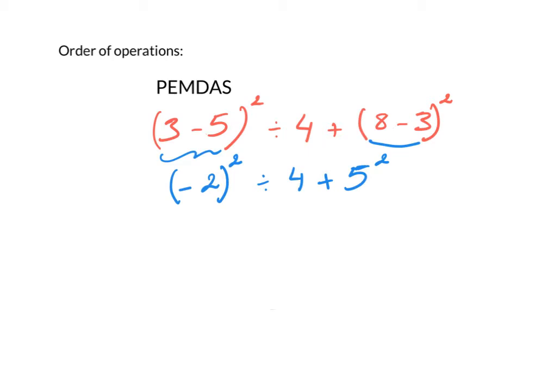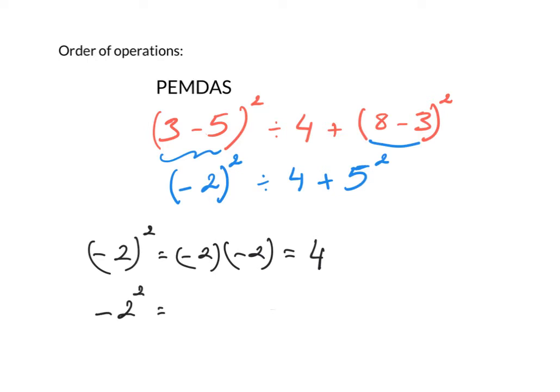Let me stop here. Now, negative 2 squared, and this is the law of exponents, right? It's negative 2 times negative 2. So the answer, negative times negative, is positive. And it's different than negative 2 squared without parentheses, right? This one is equal to 4, but with the other one, the negative will be separated here, and the 2 squared will be 4.